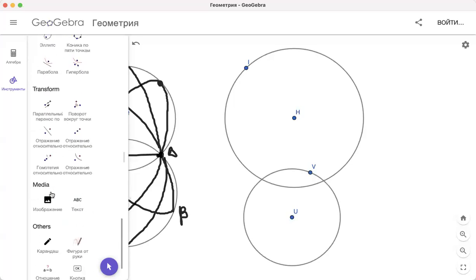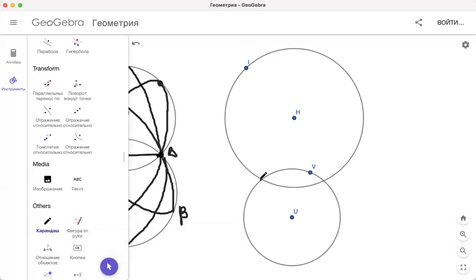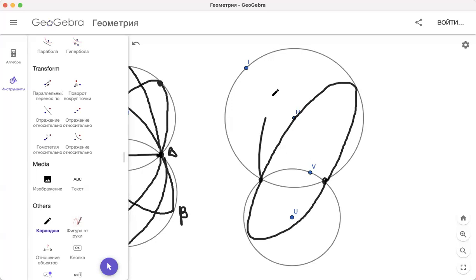So 2 circles that have 2 common points, and you consider these ellipses. And it is interesting that all these ellipses are similar.